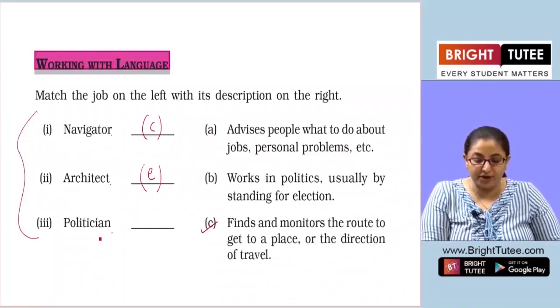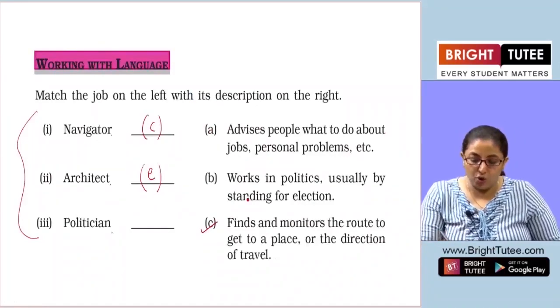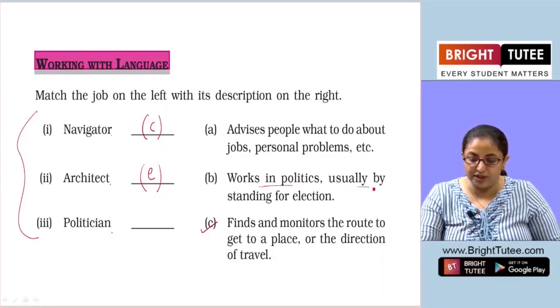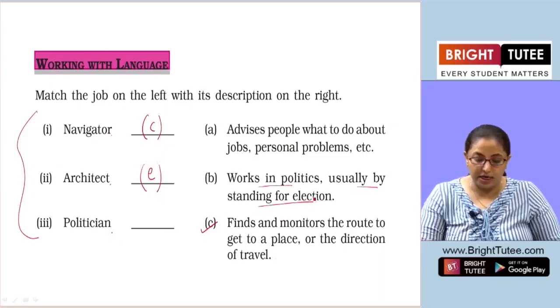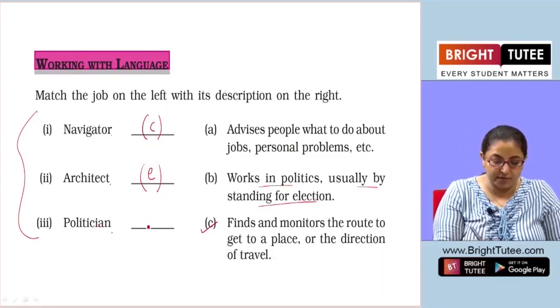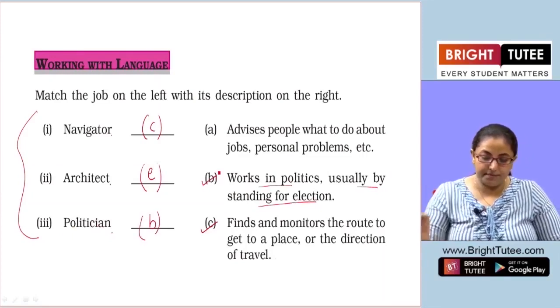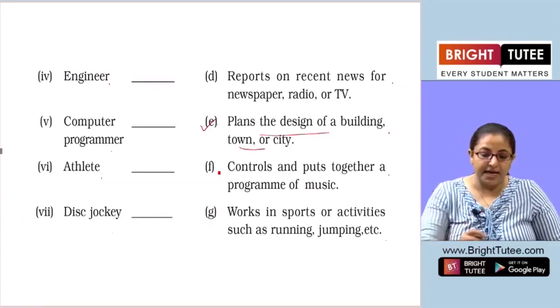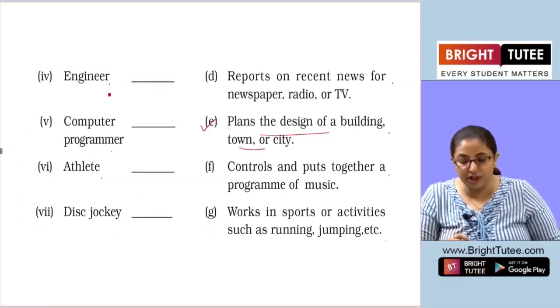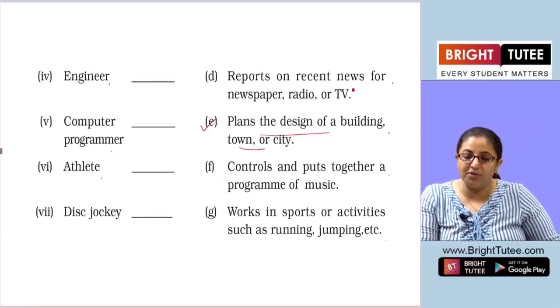Next, politician. Who is a politician? Who works in politics, usually by standing for election. So the answer for politician would be B. This is done. Next, engineer. Who is an engineer? Who reports on recent news? No. Controls and puts together a program for music?